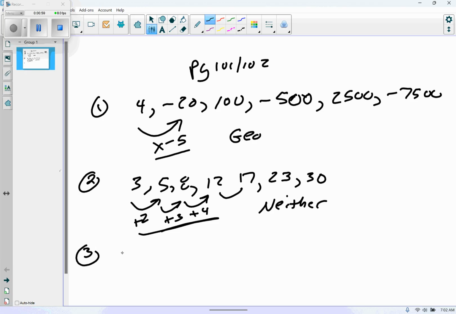Number 3, 64, 48, 36, 27. So let's see. It looks like I'm subtracting. What's 64 minus 48? I can't do it in my head. So that's going to be a 16. So I'm going to subtract 16 each time.